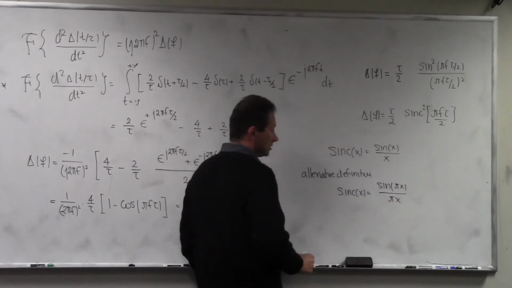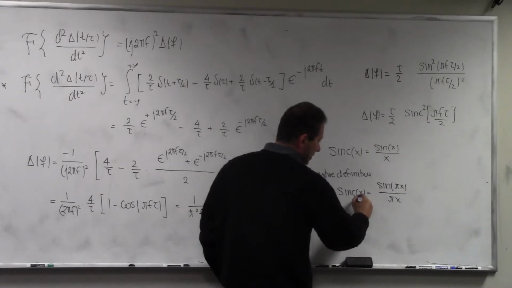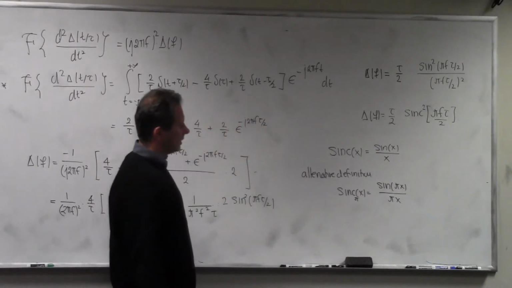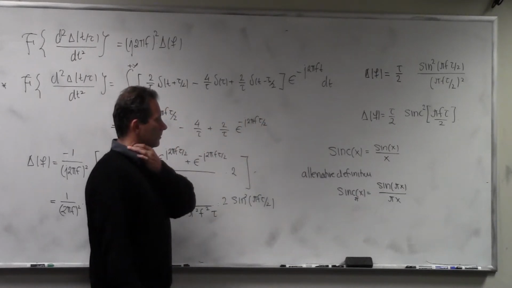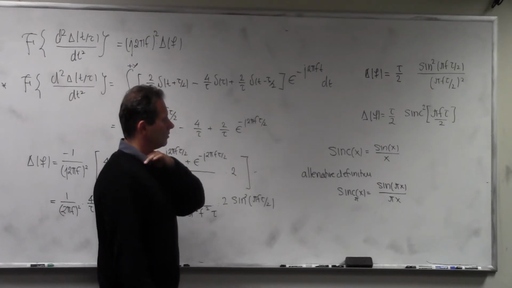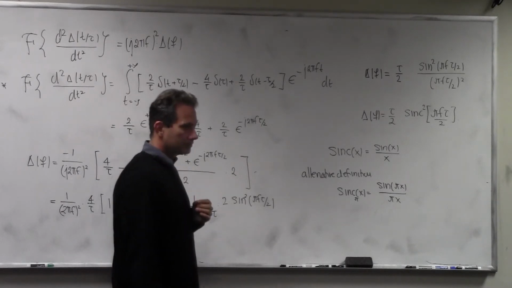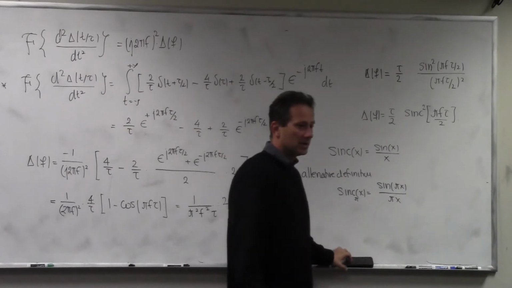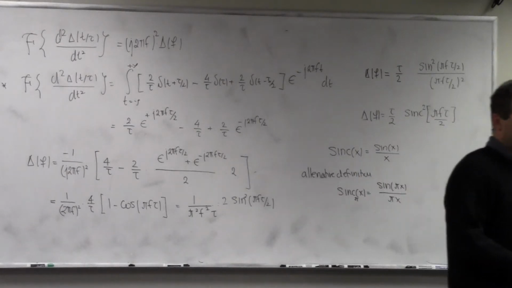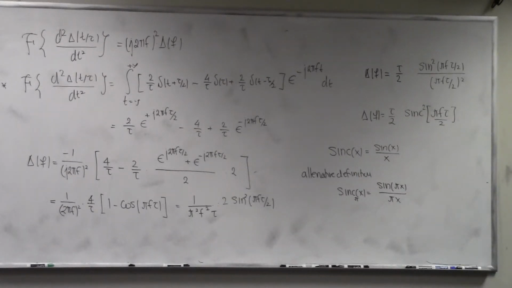To make the distinction, your book calls this one sinc pi of x. Right? So that you know which one it is. Nothing really sparkly, just be careful. And not just in this book, be careful in every book to know exactly what they mean when they say sinc.